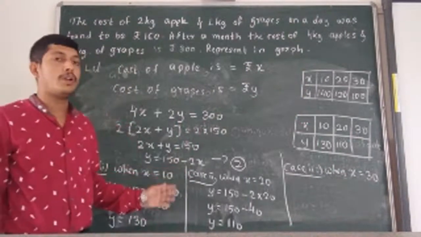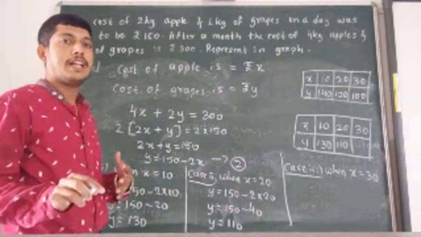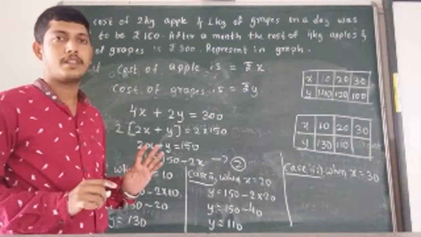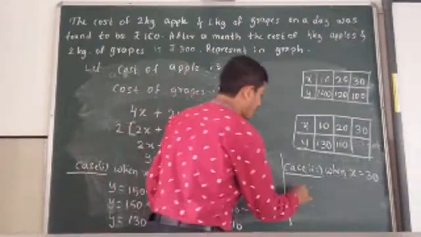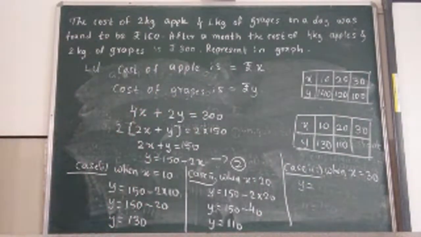So when I am solving, you have to solve, so then only you get whether you are getting the point or not. So find it first and write that answer in the comment box. What is the value of y when x equals 30?